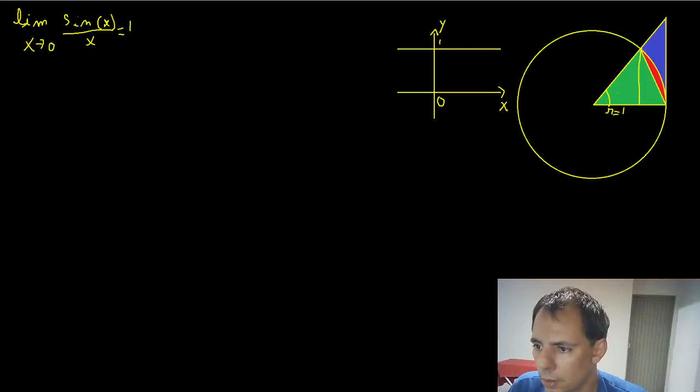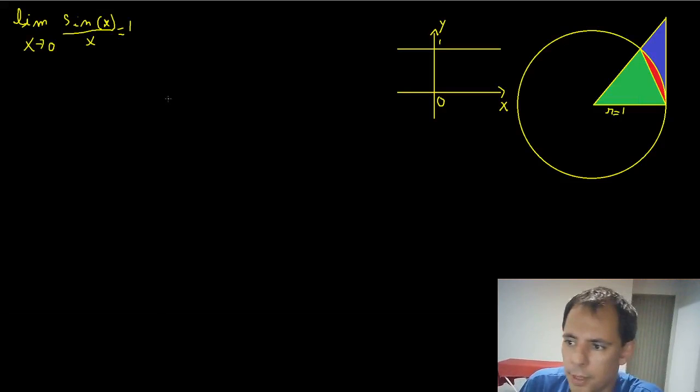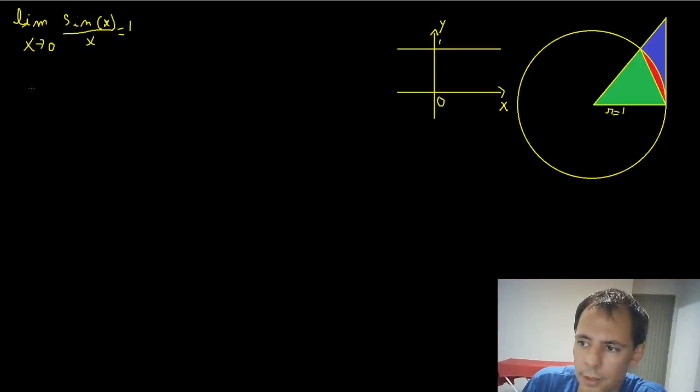So that'll be the area of that triangle in there. It'll be the base, which is 1, times the height, which is the sine of x, divided by 2.